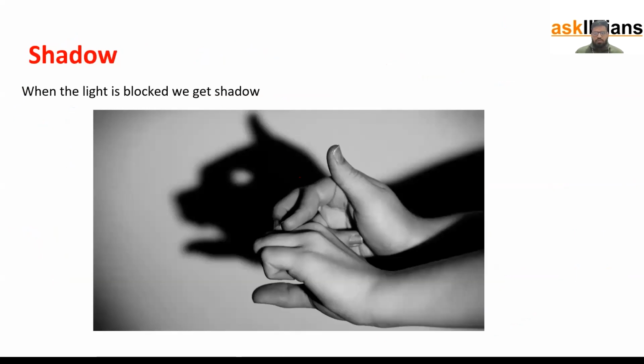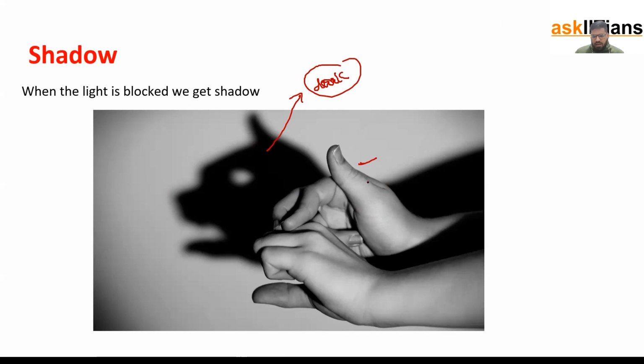Shadows. What you are observing in this picture is a person who is making some kind of structure with the hand itself. When the light is incident on the hands of the person, you can see something dark behind the hands.